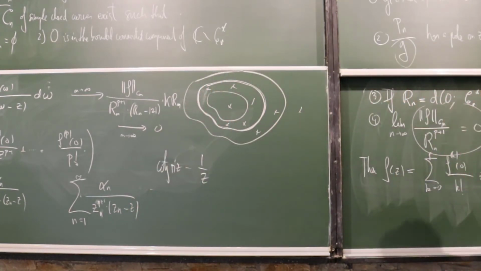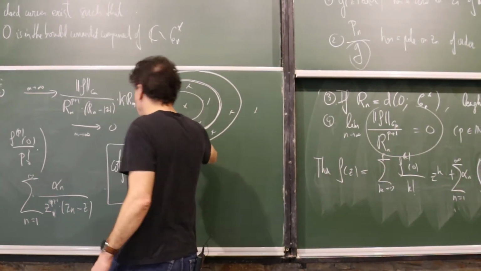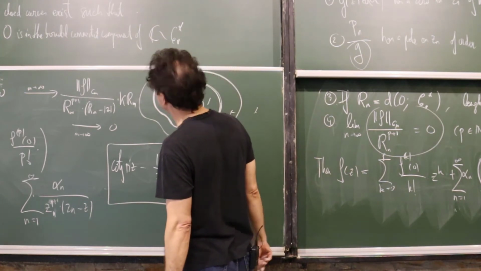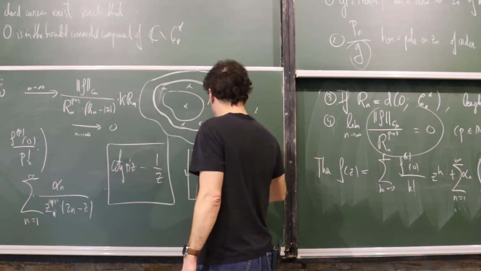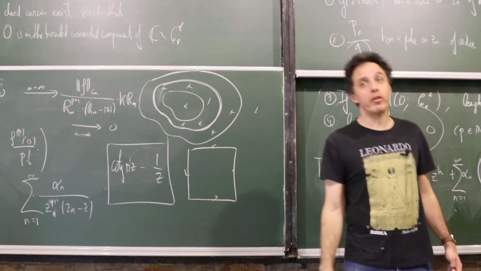So you could apply Cauchy's simple fraction theorem to this cotangent, taking as curves the squares, as before, the squares with vertices at plus or minus m plus 1 over 2.